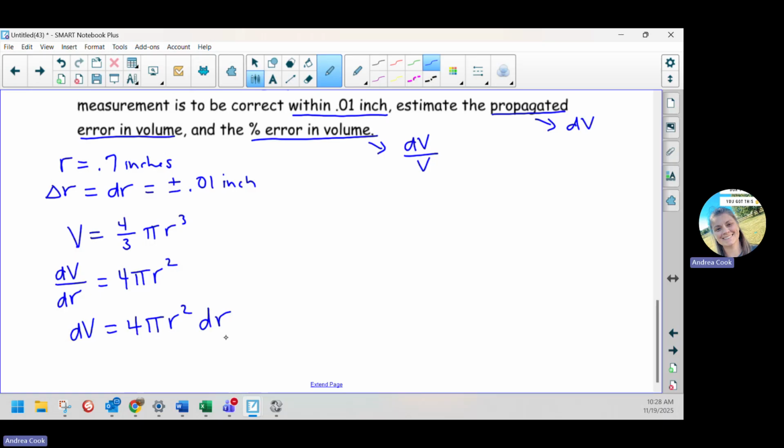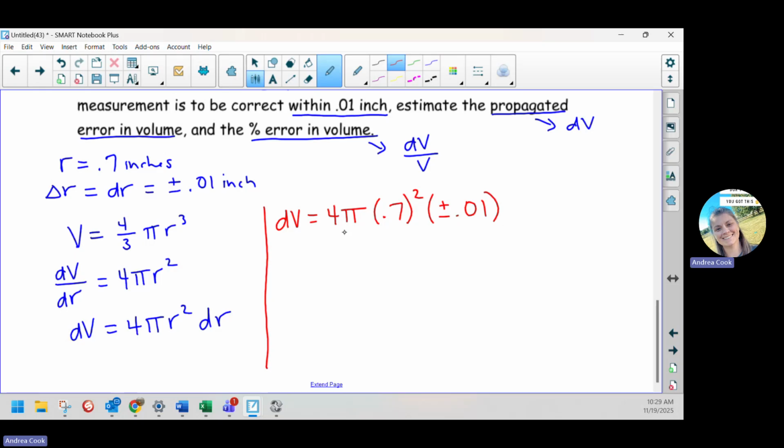So now we're going to plug in, so let me switch colors here. So now dV is equal to 4 pi. My r is 0.7 inches squared, and dr is plus or minus 0.01.